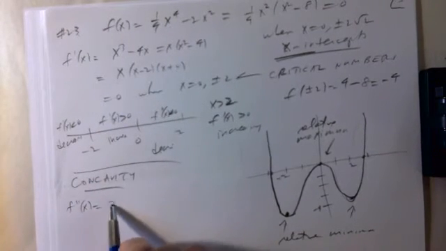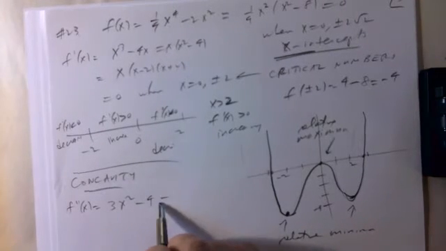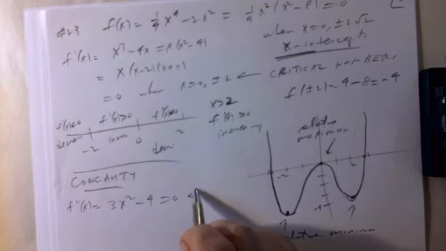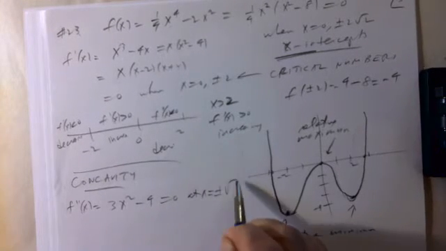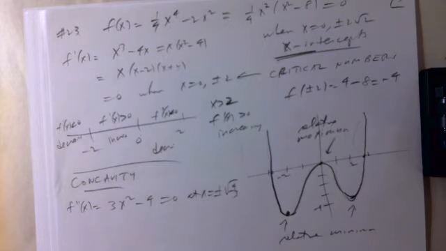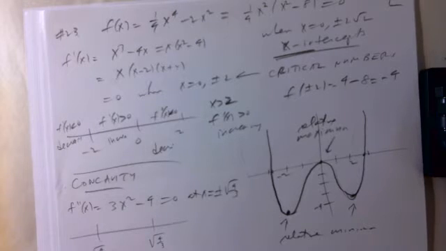The second derivative is 3x squared minus 4. That equals 0 when x squared is 4/3, x is plus or minus the square root of 4/3. And again, if you look at these 2 points on the number line, square root of 4/3, minus the square root of 4/3.